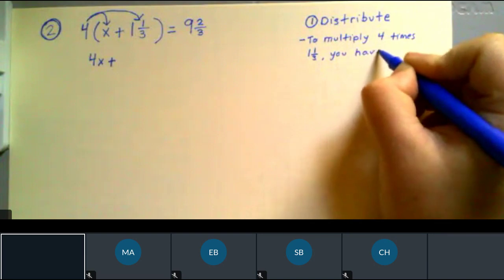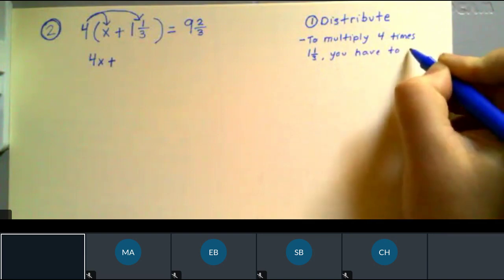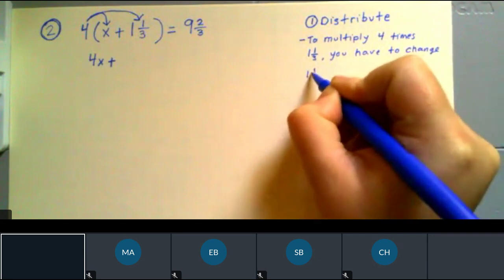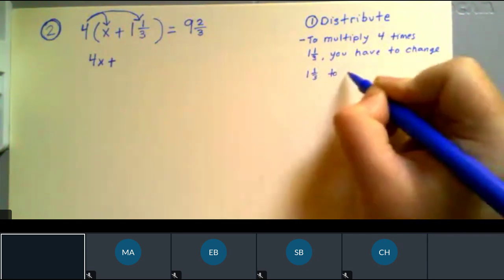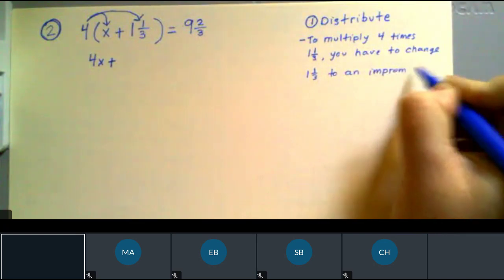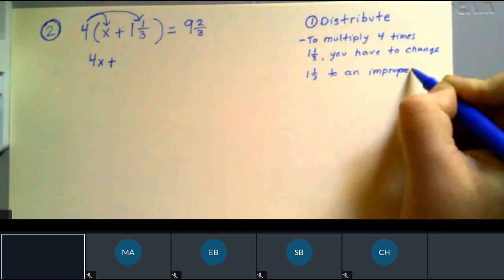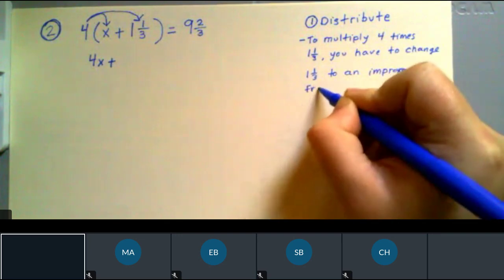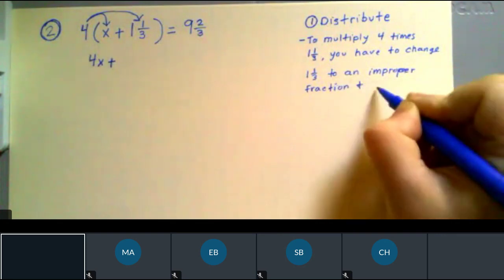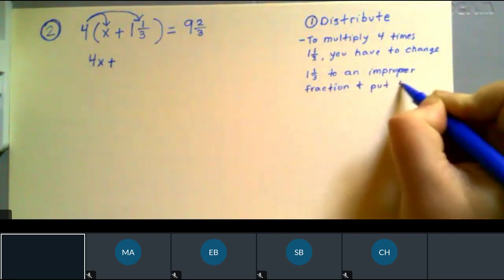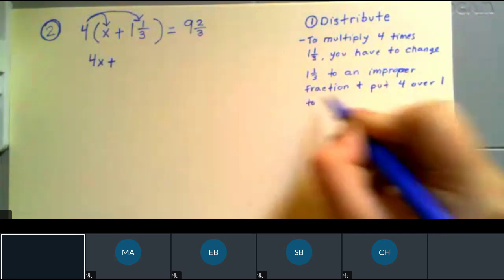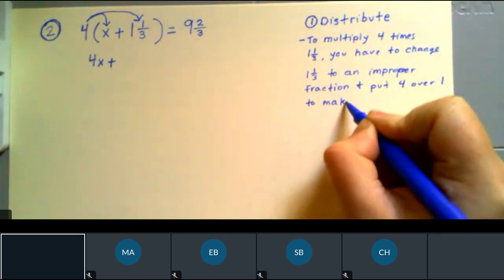You have to change 1 1/3 to an improper fraction, and put 4 over 1 to make it a fraction.